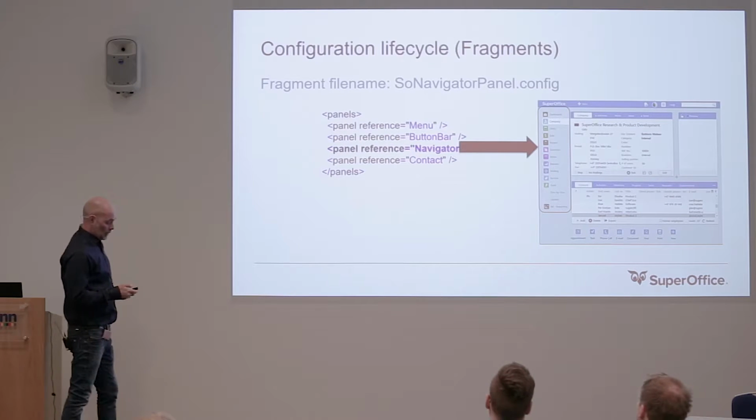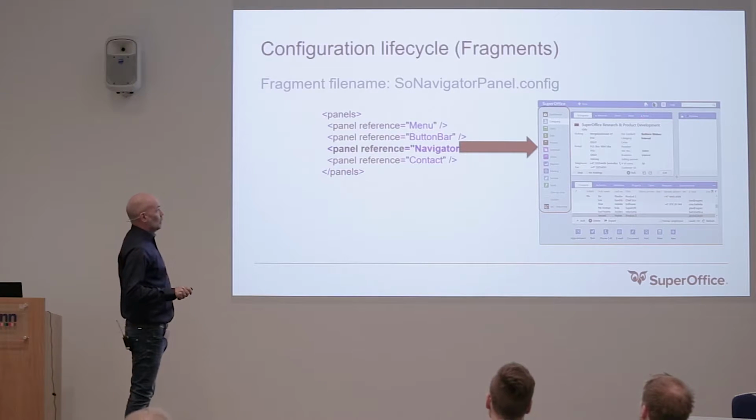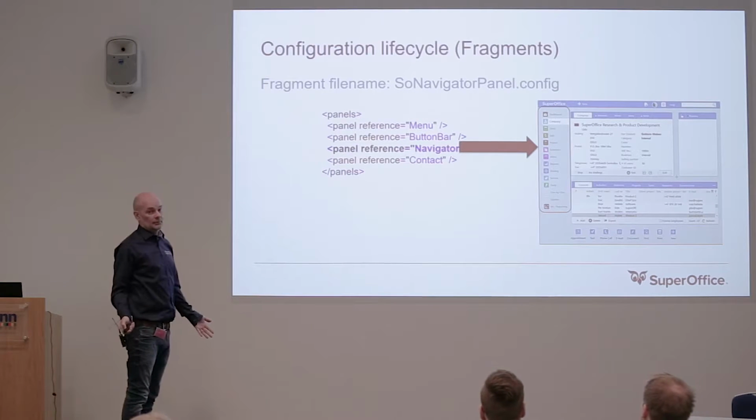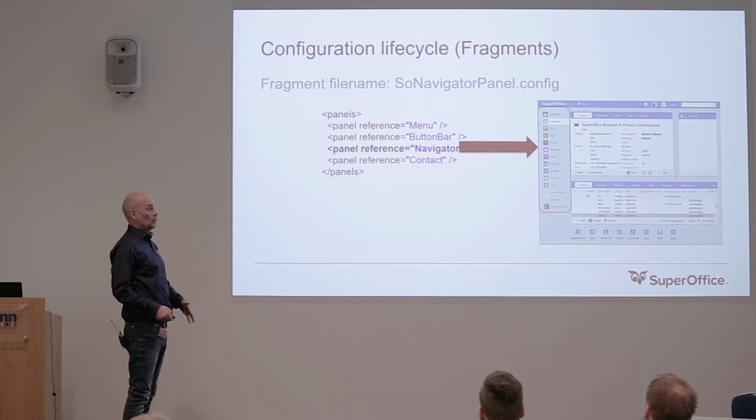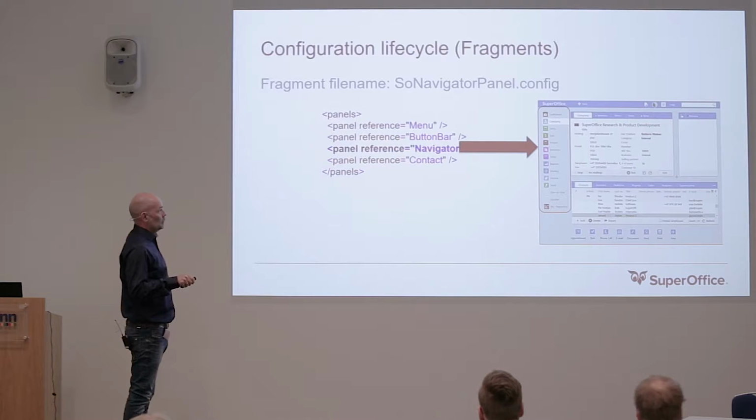Here you have an example of pages that are complete. They have a description for everything that is in this page. So when you ask for the contact page, all of the menu and the buttons here are also defined in that page configuration.